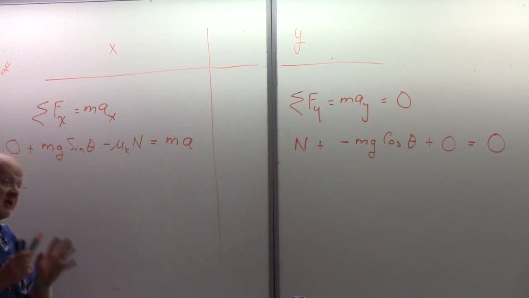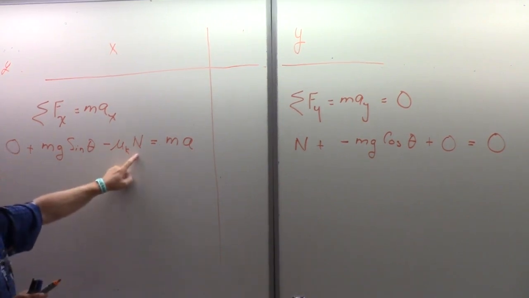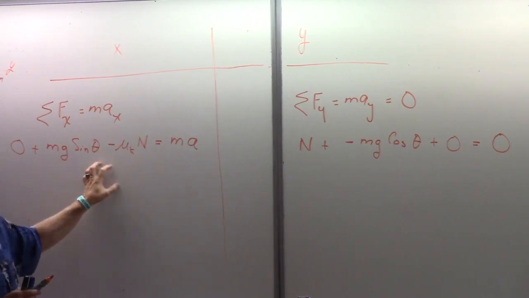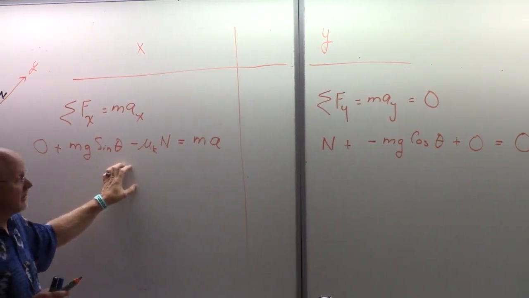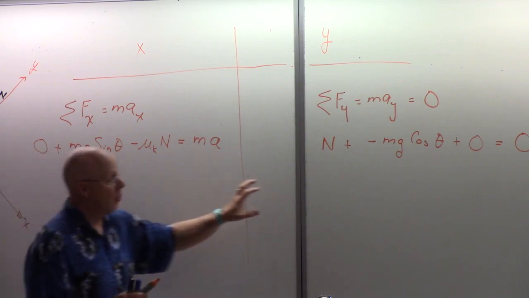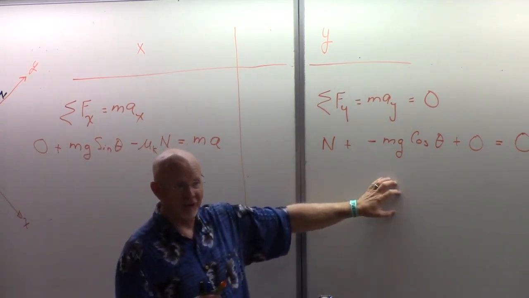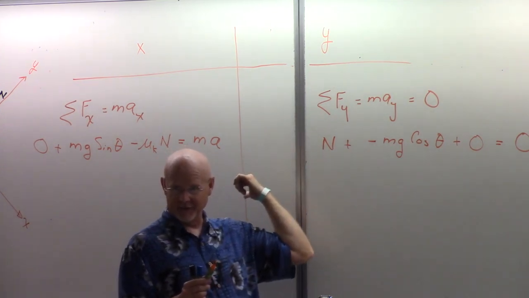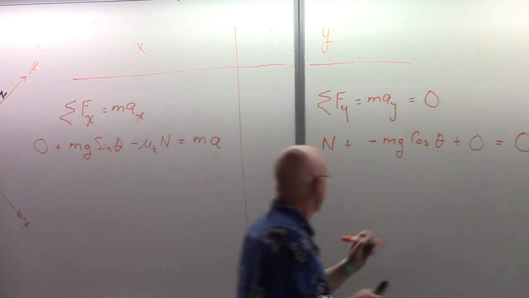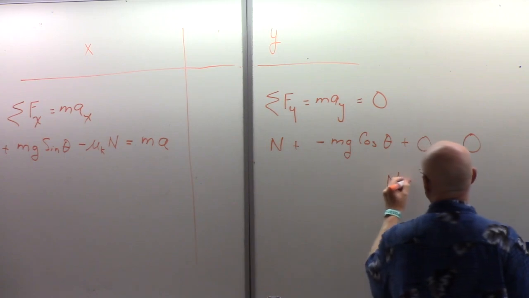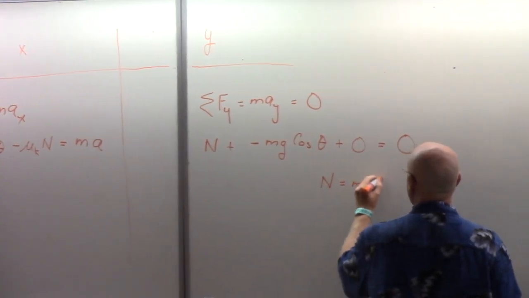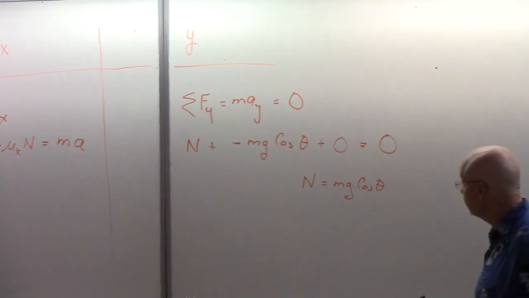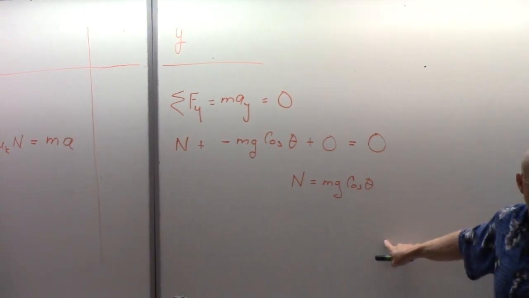But what's very different in this problem is I have normal force. I didn't have that last time in the x-axis. So why don't I solve for normal force here and substitute it in over there. So this would say normal force is mg cosine theta. And again, that's the same thing we got before.